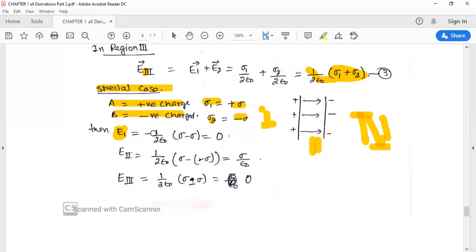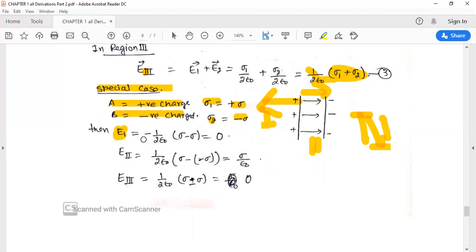E1 is in this direction, and E2, this is negative charge, so it will move in this way.